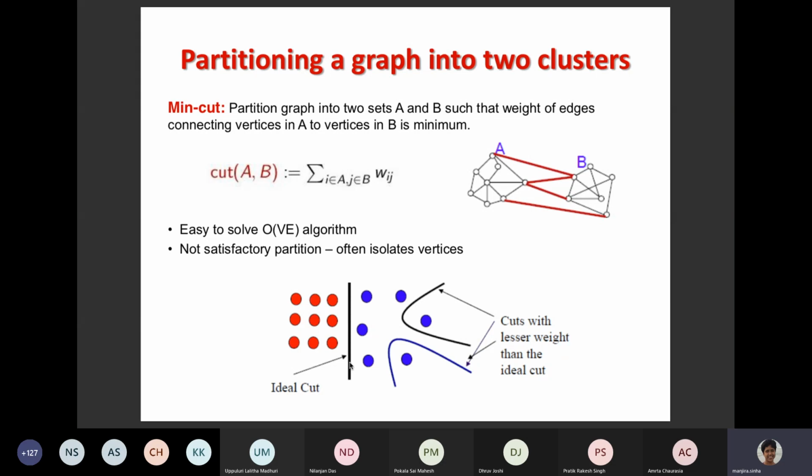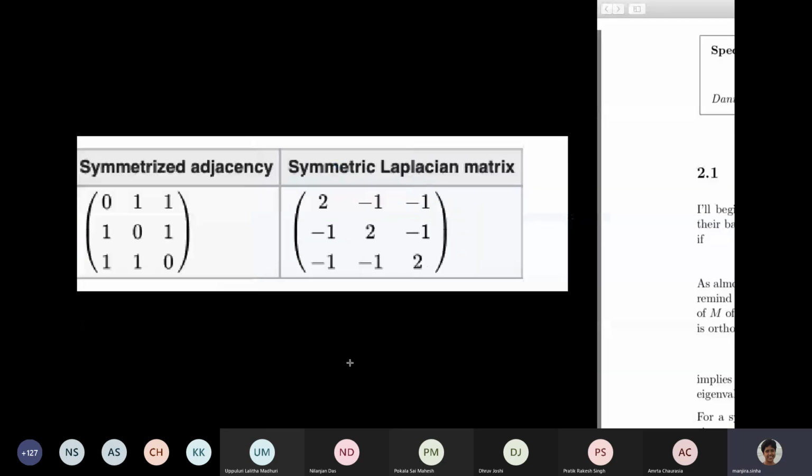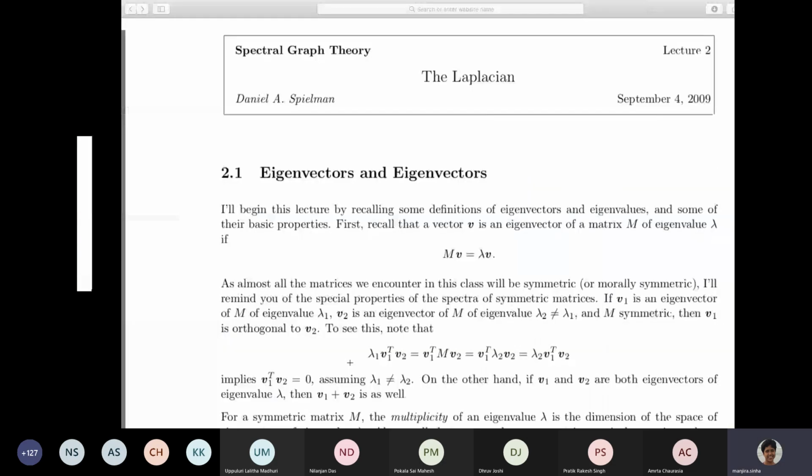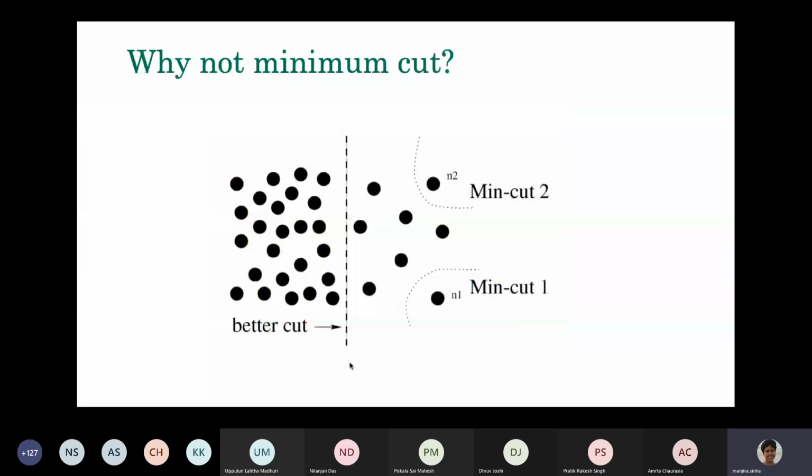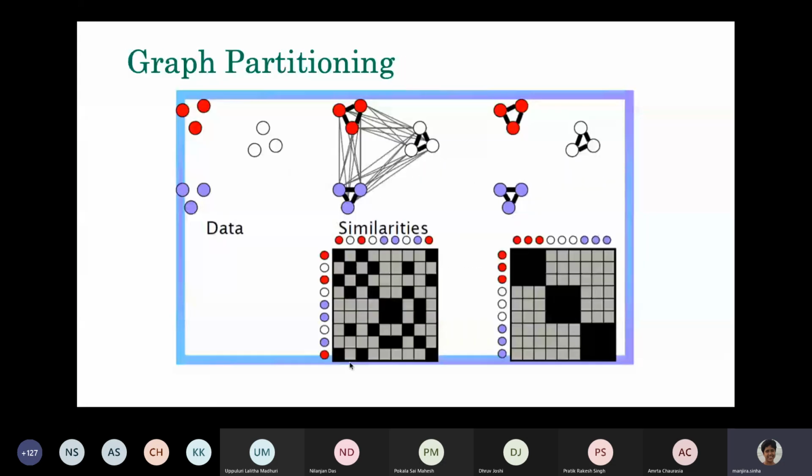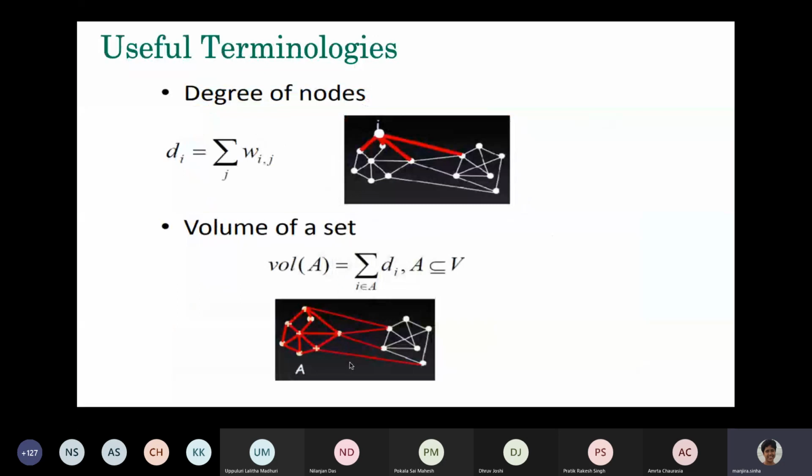Now let us again recap what the degree, cut and normalized cut are. I know we are hustling between them, but I don't have the blackboard right now. Just a quick recall: the degree of a node is the sum of all the weights originating from a node.